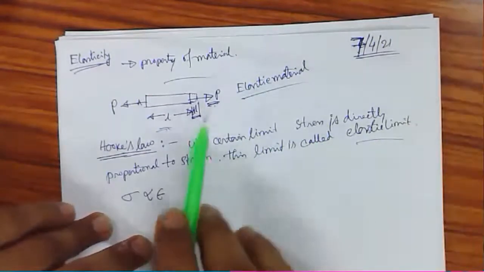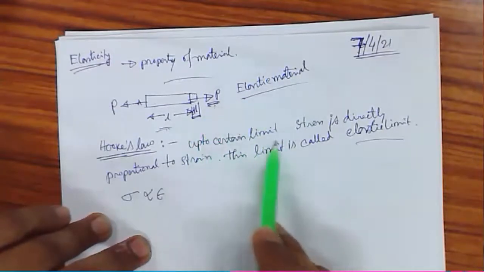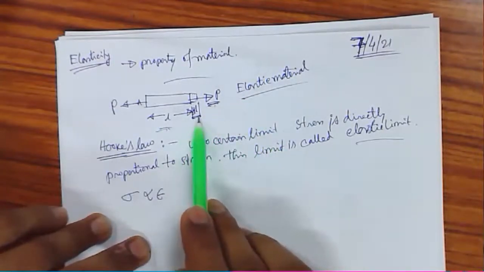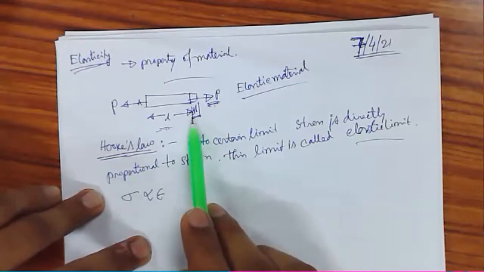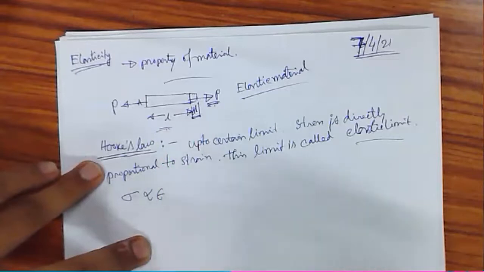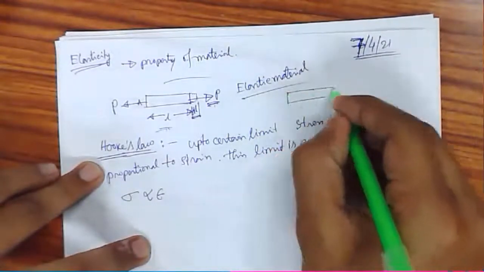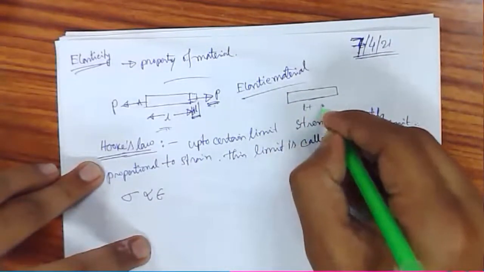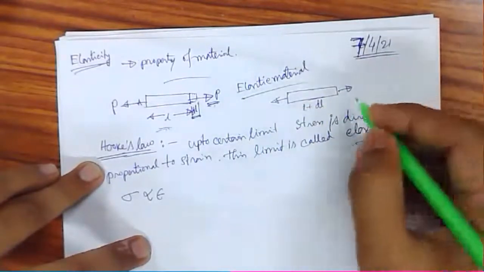So if we increase the P in this image over this certain limit, then this dl, which is the strain, which is the elongation, cannot again come back to 0. So the length does not come back to L. After loading it has become L plus dl when the load is above elastic limit.